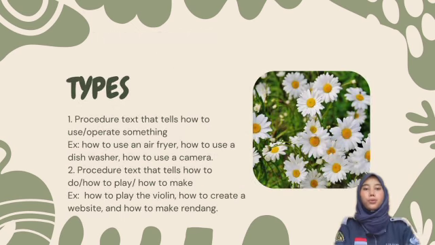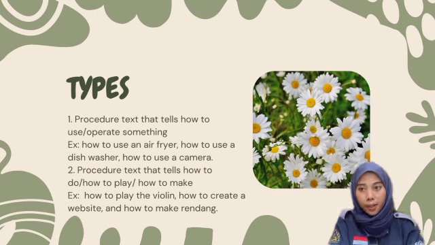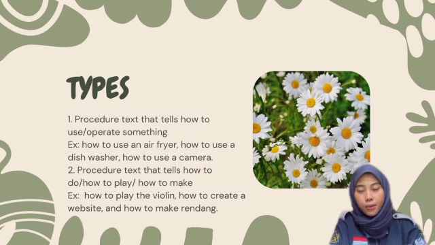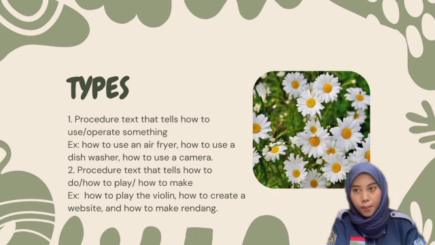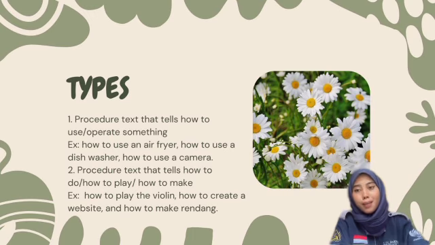Now we're going to learn about the types of procedure text. There are two types of procedure text. Those are procedure text that tells us how to do or how to operate something, like how to use an air fryer, how to use a dishwasher, or how to use a camera, a coffee machine, etc. And the second one is a procedure text that tells us how to make, or how to do, or how to play.